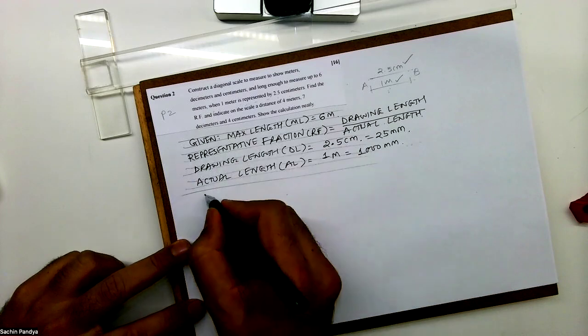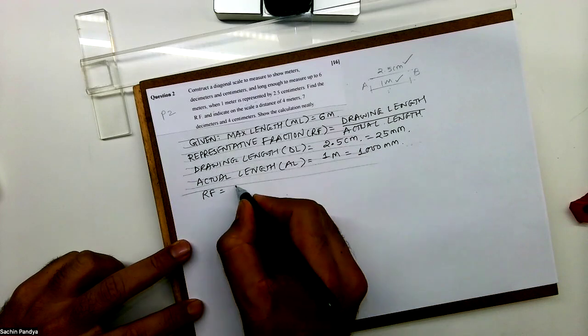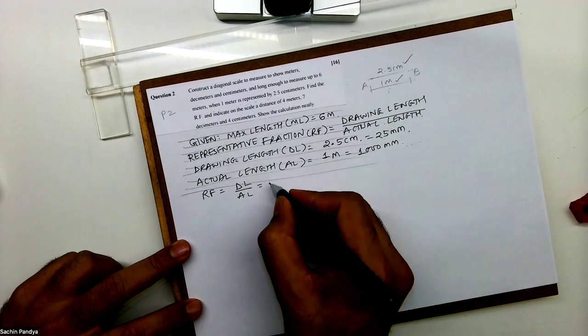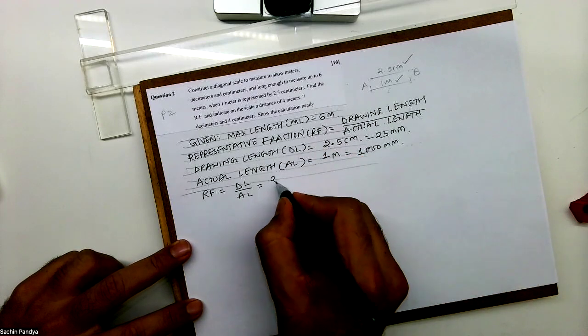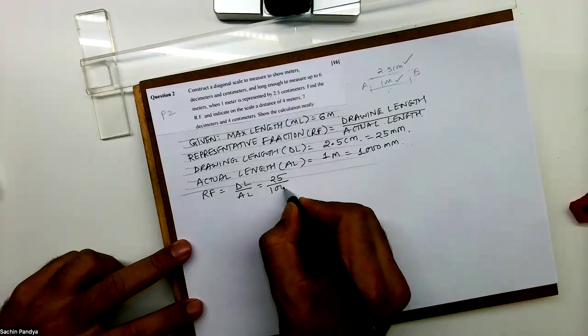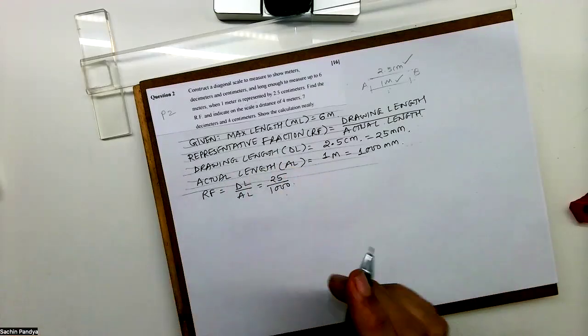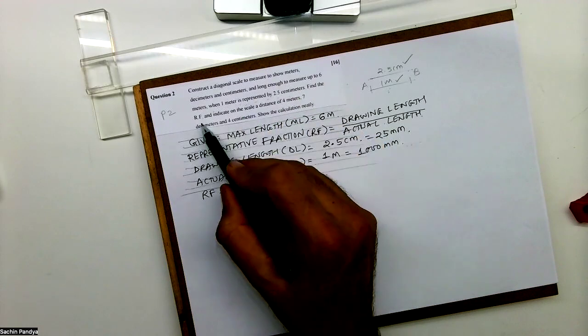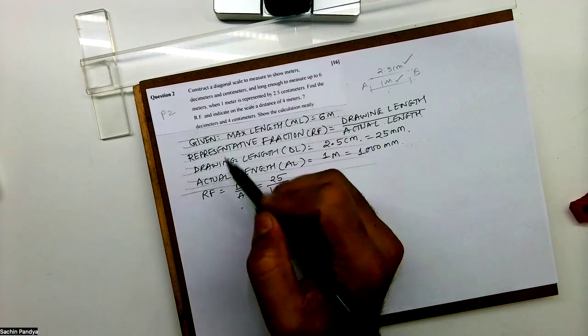So if I write RF is equal to drawing length upon actual length, once I write full form, then I can write short form. What is this? 25 upon 1000. We'll keep it as it is. So RF is done. Maximum length is there.